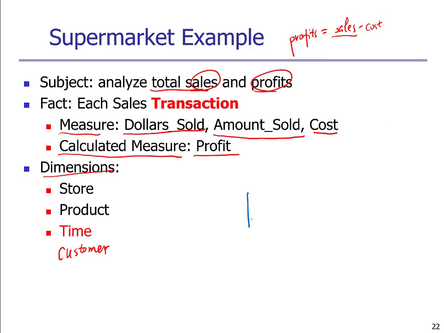So assume that this is the very detailed table or data cube. All right, so say these are the cities, so on and so forth, and these are the products. Okay, assume that this is with the finest granularity.